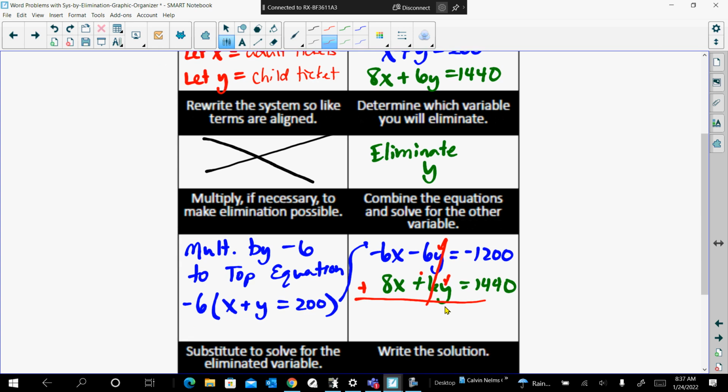This is going to leave me with 2x equals 240. So we divide that by 2, and my x equals 120. That represents the number of adult tickets. Okay.